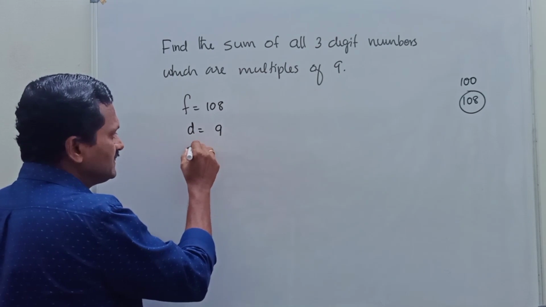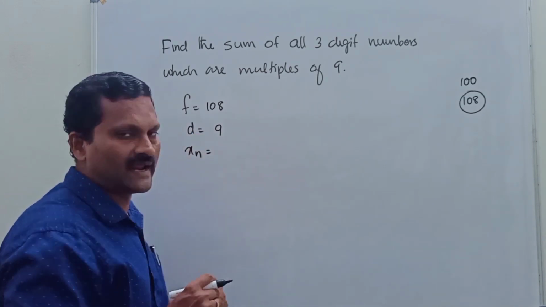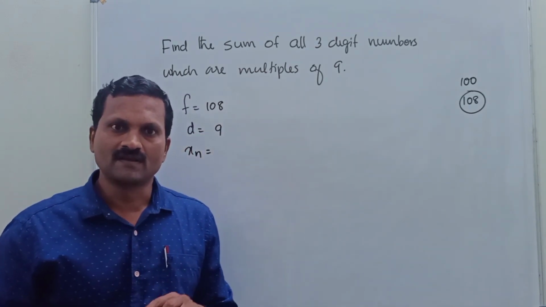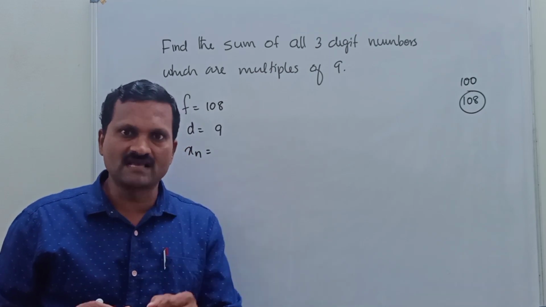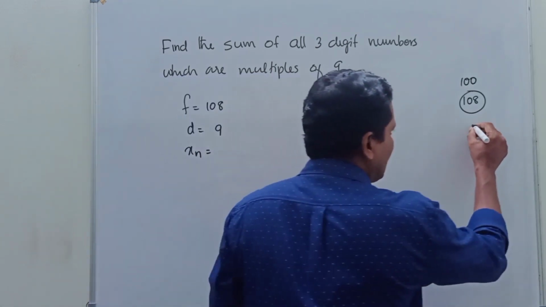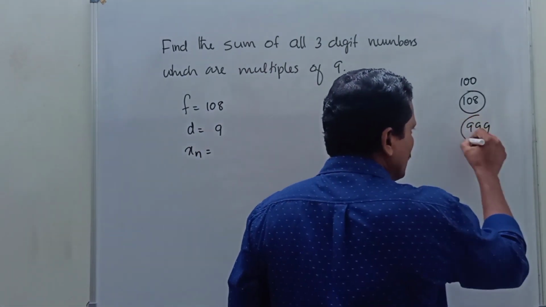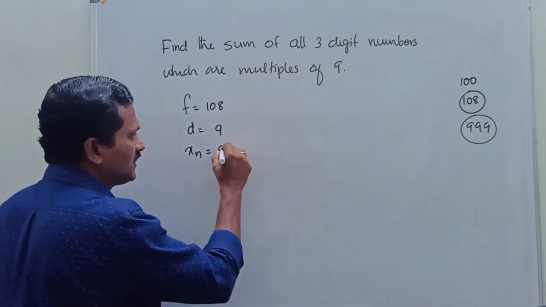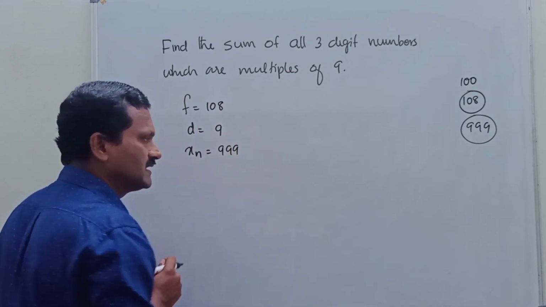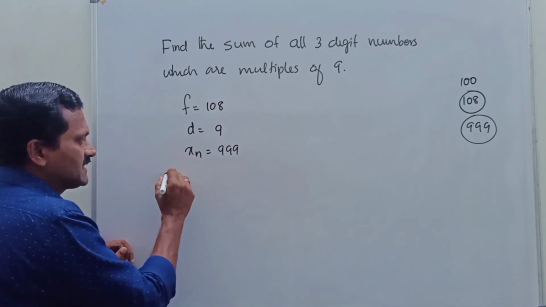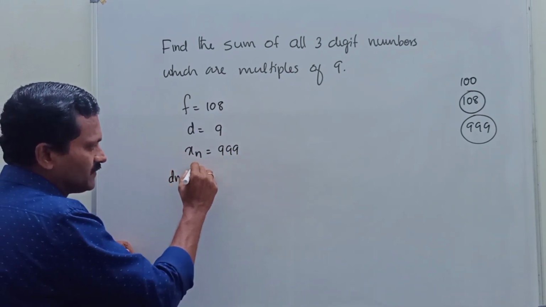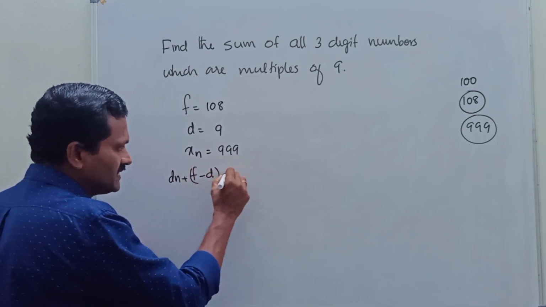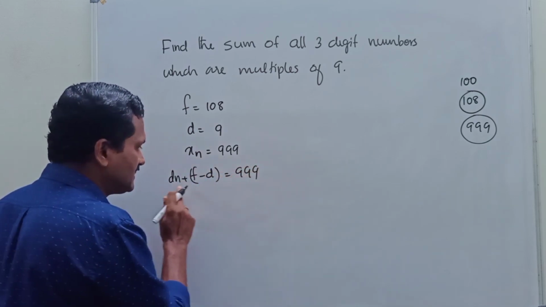Then find the last term or nth term xn. We know that the last 3-digit number is 999, which is also divisible by 9. So xn equal to 999. This xn can be written as dn plus f minus d, that is 999.